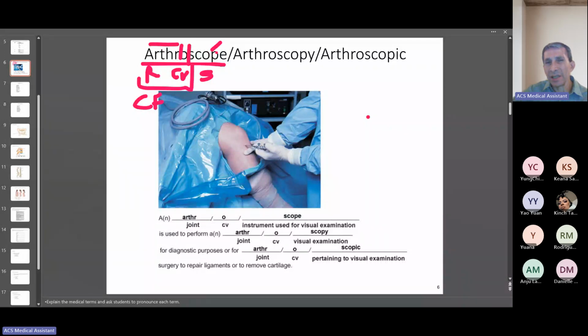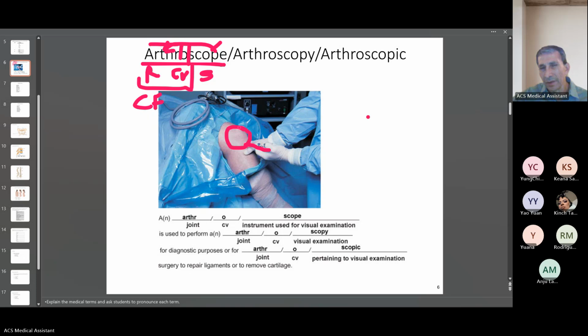So we're gonna use a scope instrument to visualize the articulations. So we use an instrument right here that is gonna go inside the knee, and we're gonna see what's going on right here in this space, where is the cartilage and the bursa. Remember, we visualize this because we have a screen right here, and this is a camera that goes inside, and we're checking what's going on over there inside the joint.